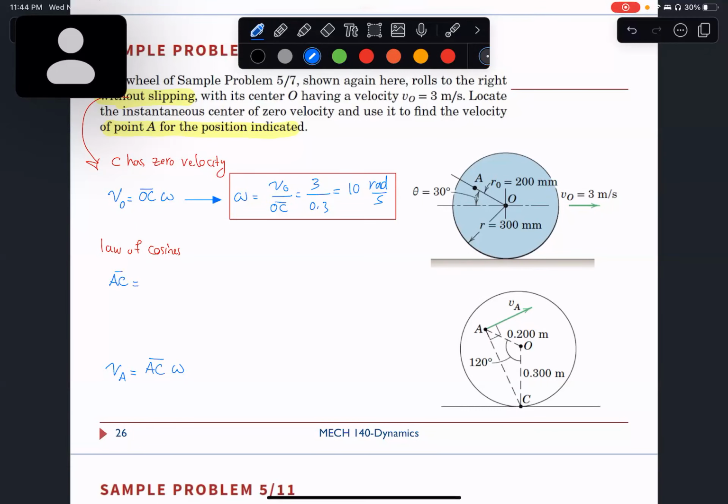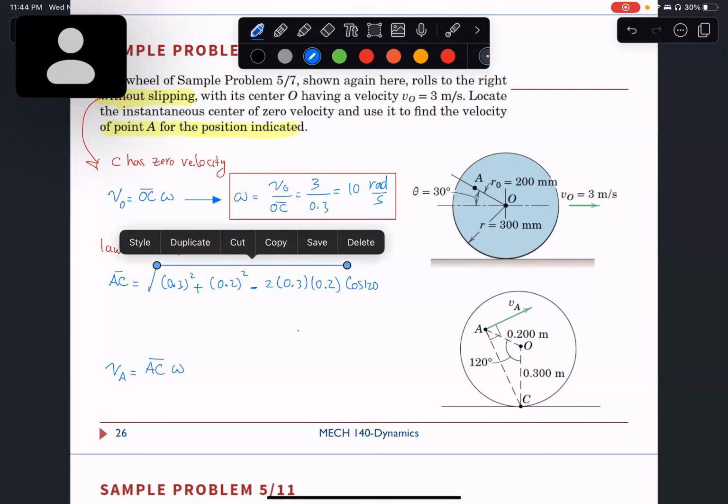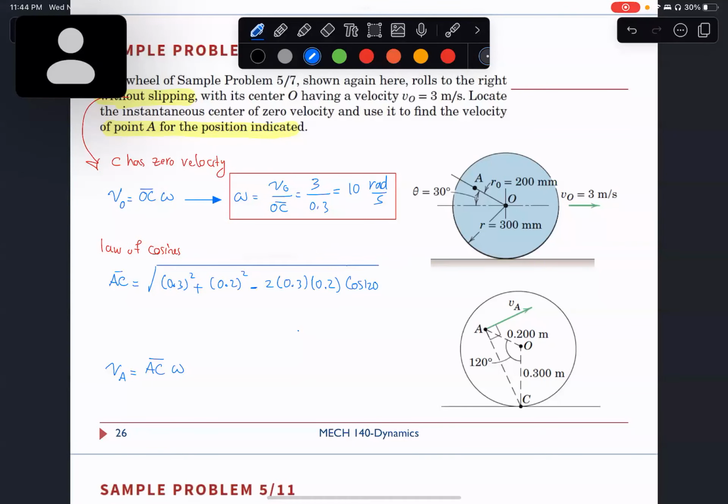So that means that this length of AC would be equal to 0.3 squared plus 0.2 squared, and so on.